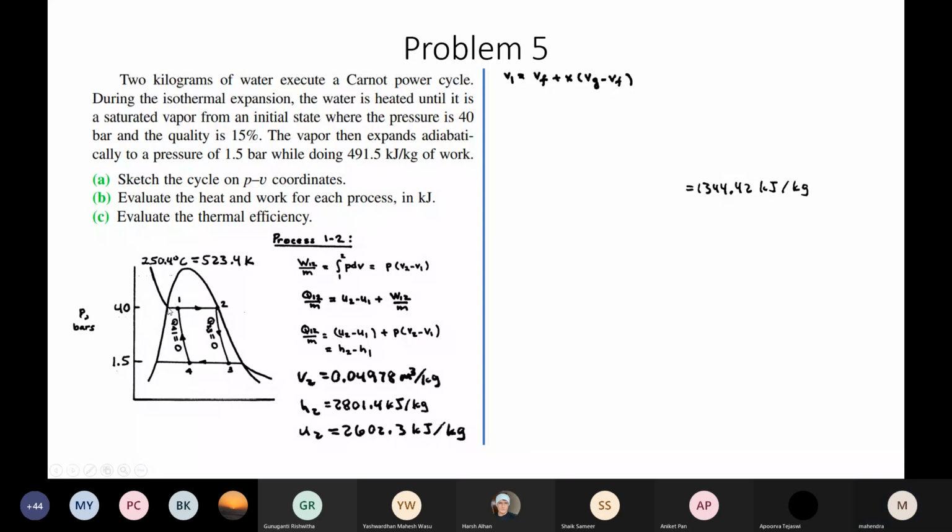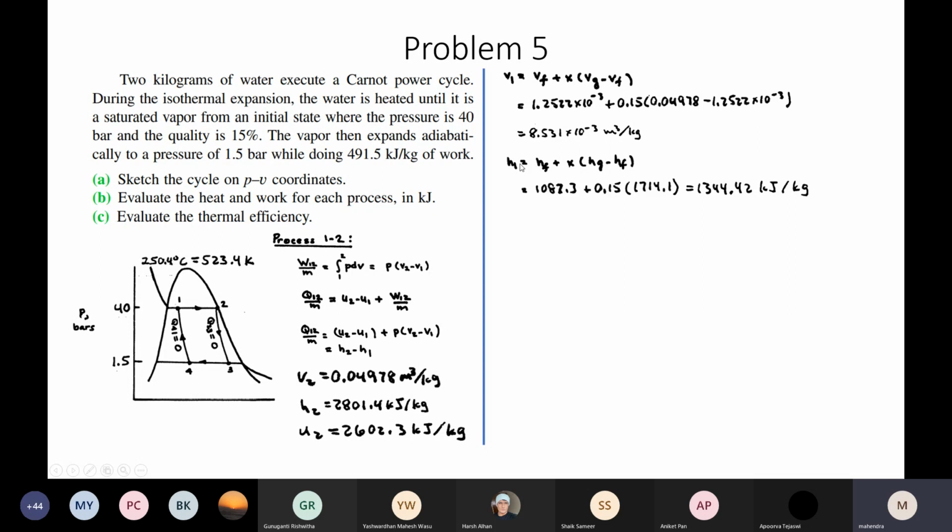And this way we will be calculating V1. In a similar fashion, we will be calculating our H1 also. This VF value, this HF value, these you have to look up in the table.